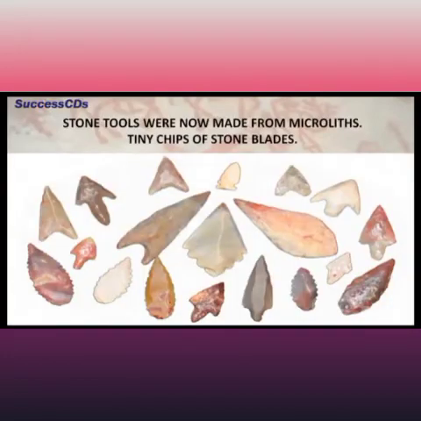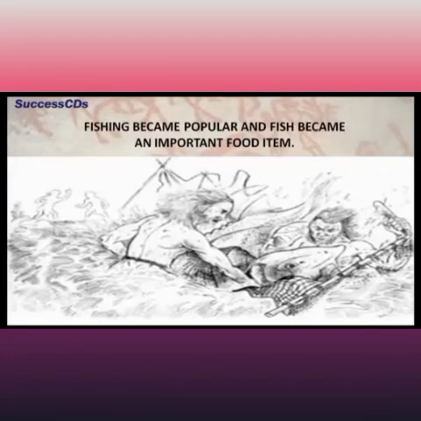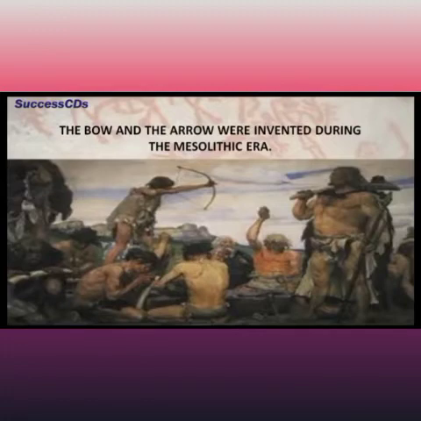So these other tools were also tiny chips of stone blades, but they were sharp enough. Not only that, but handles made out of bone or wood, like saws, axes, harpoons, and fish hooks. And fishing became popular, and fish became an important food item during this time. And not only that, but bow and arrow as well.